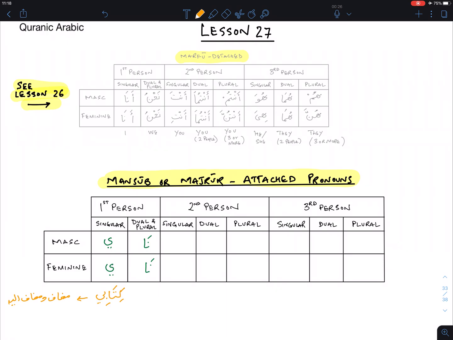So the ya here is mudaf ilayh and it's possessive, and the translation is my book. And you can see it's majrūr because it's mudaf ilayh, and mudaf ilayh is always majrūr. So this applies here in this table, and that's what we're talking about in the majrūr state.